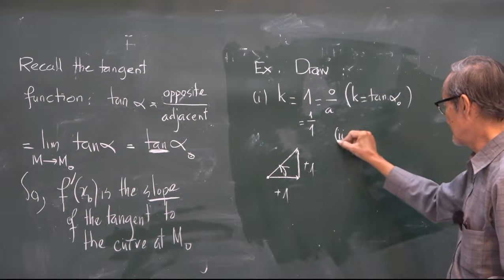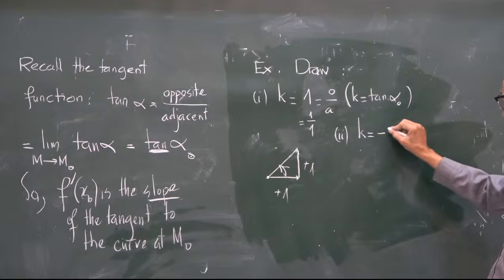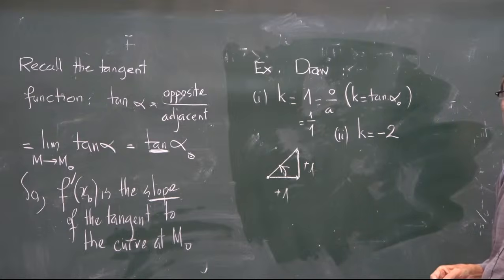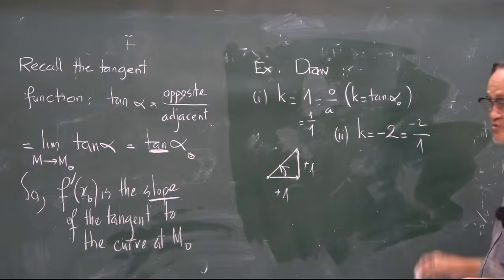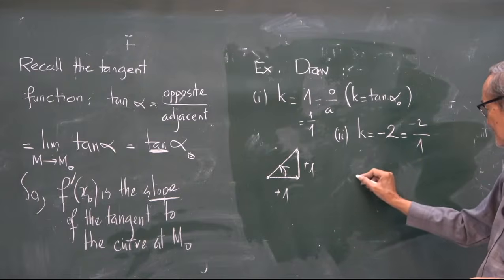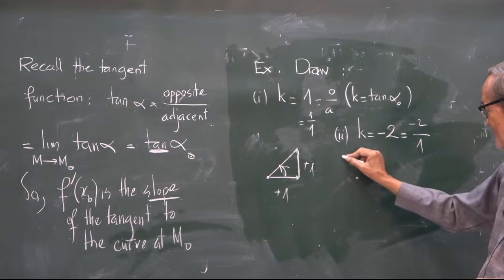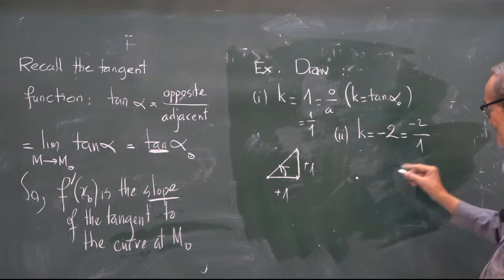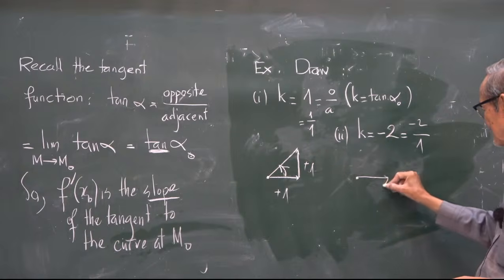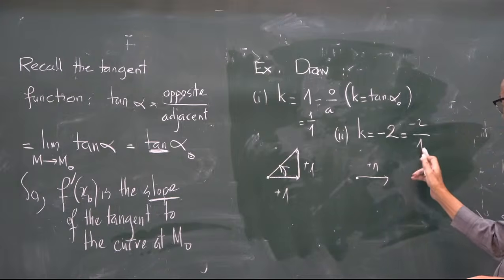Now number 2, K equals minus 2. Minus 2 equals minus 2 over 1. We start from M0 and adjacent 1, from left to the right, 1.